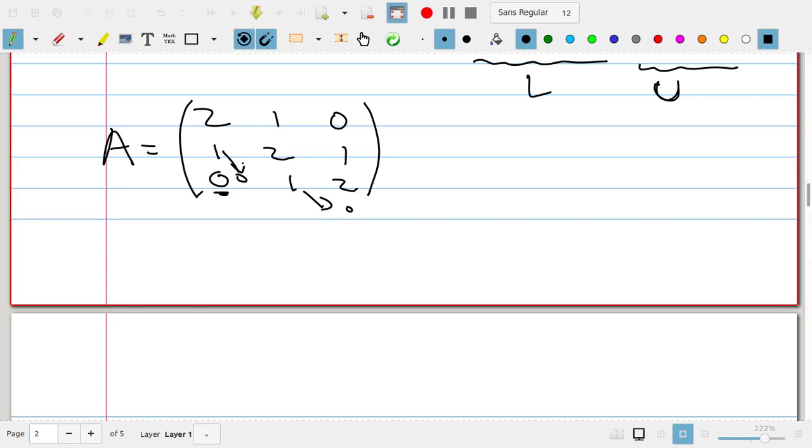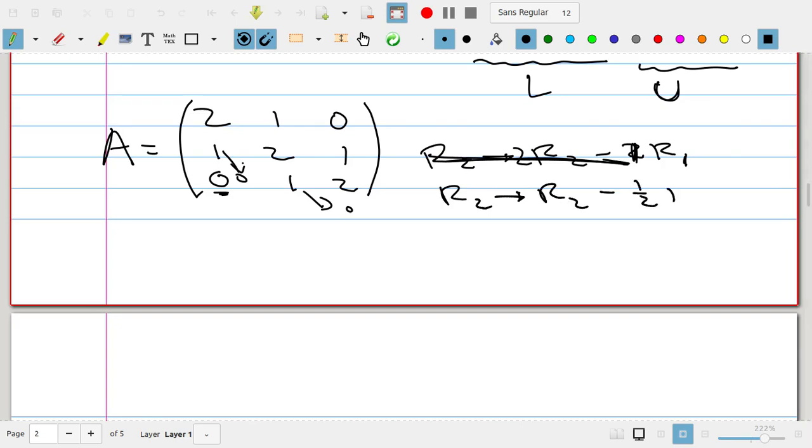So we need to perform two elementary row operations, right? In order to make this 0, what do I need to do? R2 goes to R2 minus half R1.